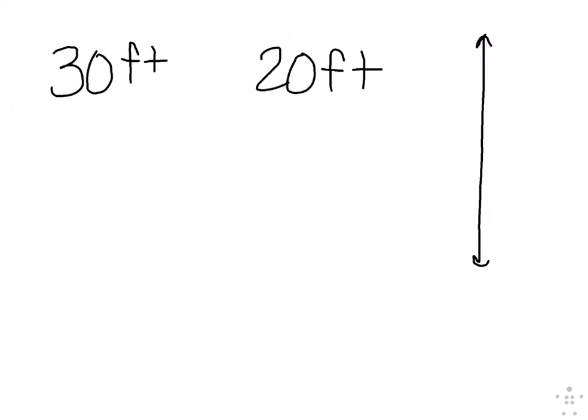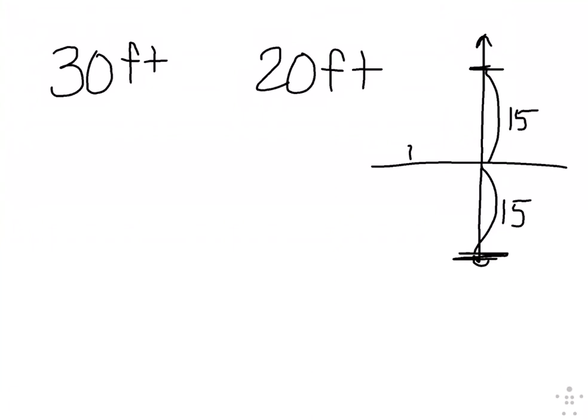Meaning it's going to go up and down longer than it is going to go wider. Right? So which one's bigger, the 30 or the 20? Now here's what it's doing for you, just so that you know. When it says it's 30 feet long, that's 30 from here to here. So it's 15 each way. Good. Okay? And then when it says it's 20 feet wide, that's how much each way? 10. Nice.